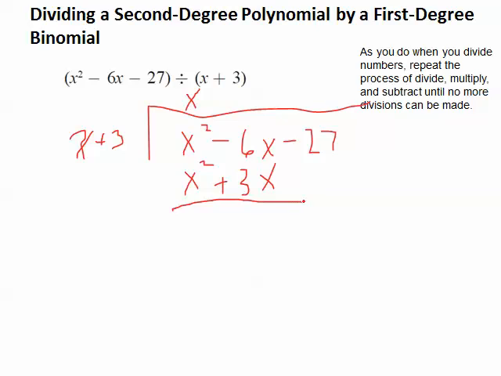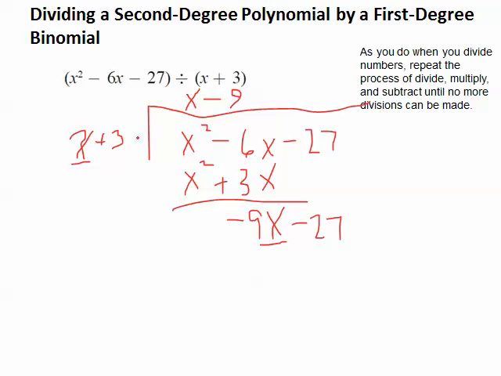So I now subtract these. x squared minus x squared is 0. Minus 6x minus 3x is a minus 9x, minus 27. So what do I have to multiply x by to get a minus 9x? I have to multiply it times a negative 9.